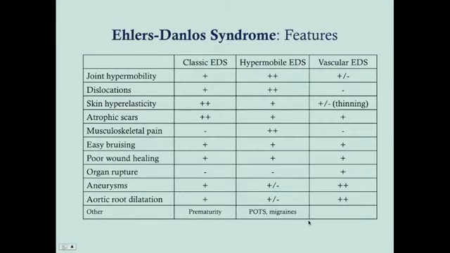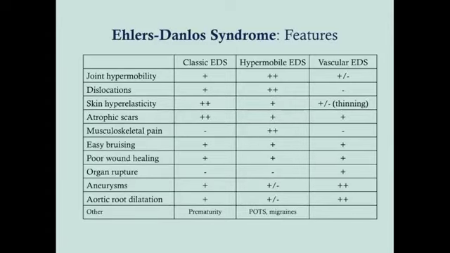As far as the manifestations, I kind of described those, but particularly in the classic EDS is where you're going to see those classic signs that you probably learned in medical school that are associated with EDS: the joint hypermobility, dislocations, hyperelasticity, atrophic scars, poor wound healing. Then in the hypermobile EDS, you're really going to see hypermobility and dislocations, but you're also going to see musculoskeletal pain.